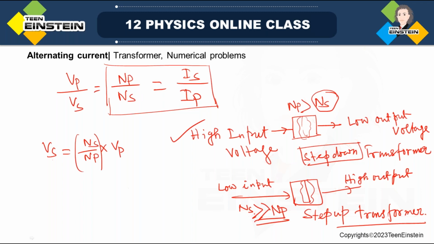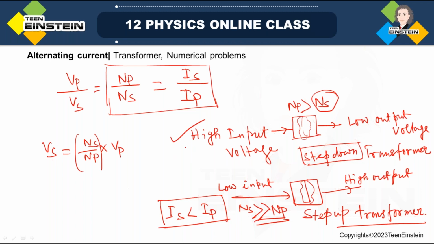If we increase the number of turns in the secondary, the secondary current will decrease. So the secondary current will be less than the primary current. In a step up transformer, the secondary or output current is less than the input current.